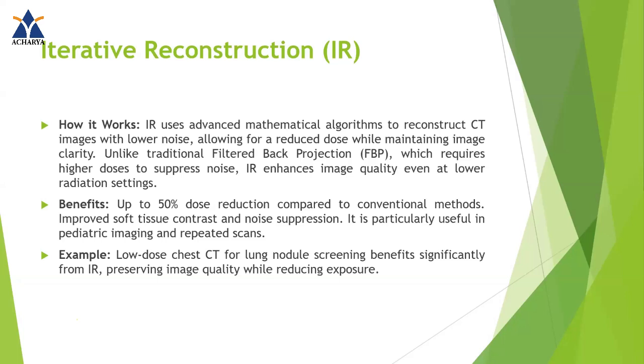Whereas if we use traditional methods like FBP or filtered back projection, it usually requires a very high amount of radiation to produce an image with high diagnostic accuracy. For the same patient, if iterative reconstruction is used, it reduces the patient radiation dose and increases the image quality with very low radiation dose settings.